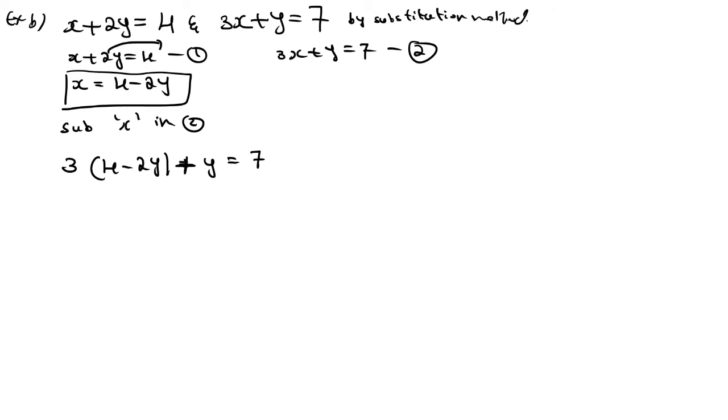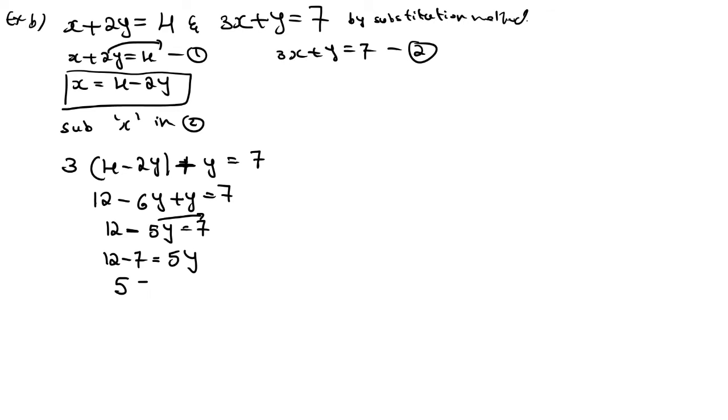Now simplify this one. 3 4s are 12 minus 3 2s are 6y plus y equal to 7, and 12 minus 6y plus y, it's equal to minus 5y equal to 7. 12 minus 7, taking plus 7 to LHS, equal to shifting minus 5y to RHS, that's equal to plus 5y. 12 minus 7 is 5 is equal to 5y, then y value equal to 5 by 5, it's equal to 1.